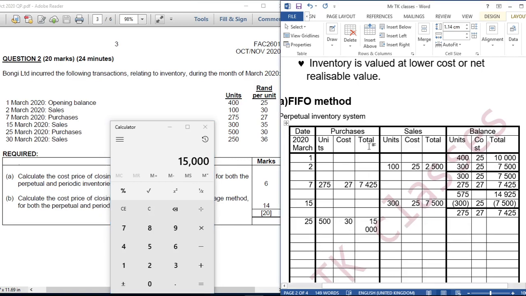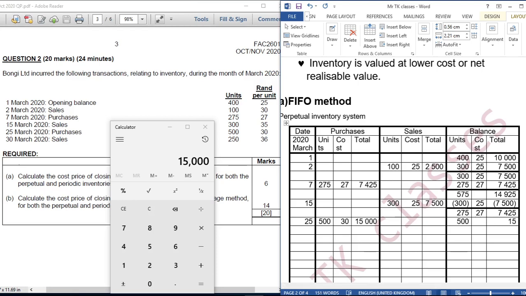All right. So when you get 15,000, let us come here and we are going to add all these 15,000.